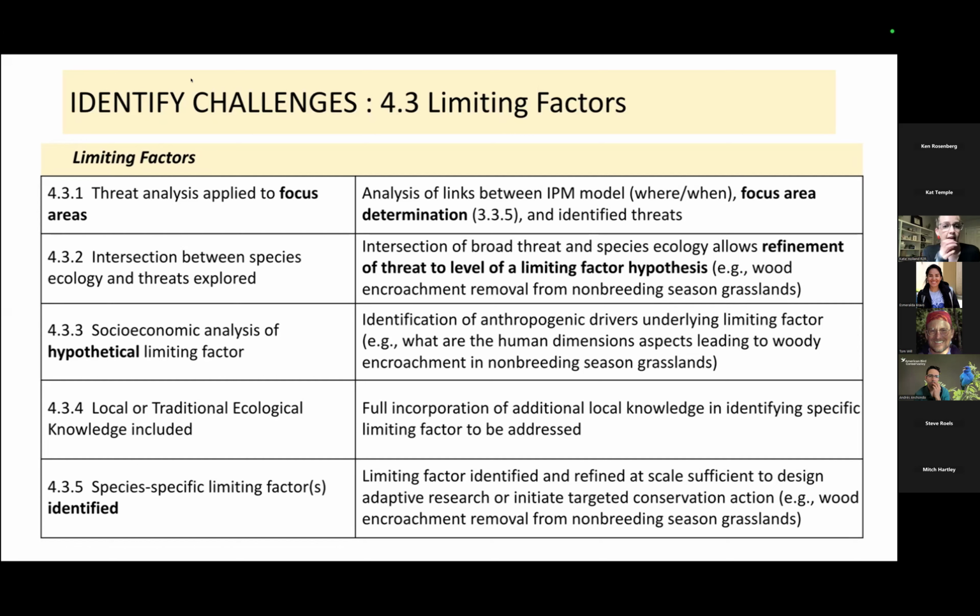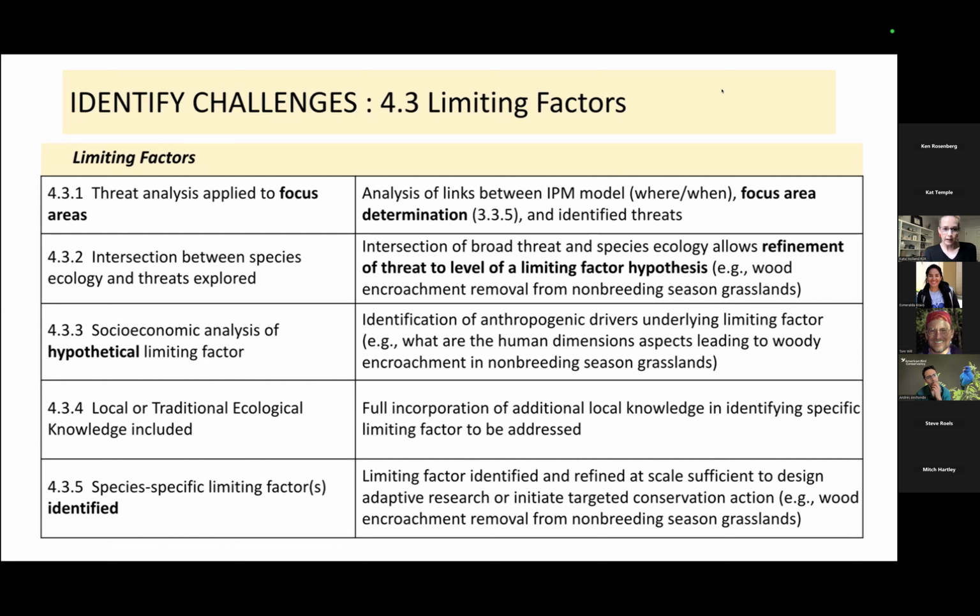And so being able to move into, okay, it's not just habitat loss, but it's this specific type of woody encroachment, or it's the specific type of land conversion for agriculture in this area. Or it's not only urbanization, but it's the rate of urbanization that the species isn't able to keep up with. So we're trying to refine that threat more specifically for the particular species that we're focusing on.